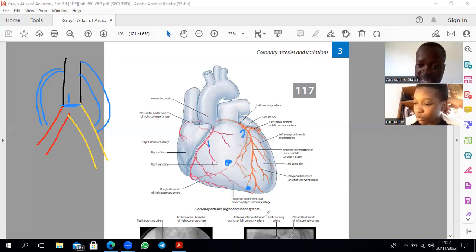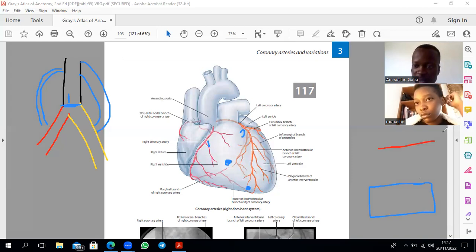An anatomic end artery is one like this. This is my organ, the box there. This is the main branch of the artery in red. Then this in black is my artery going to the organ.